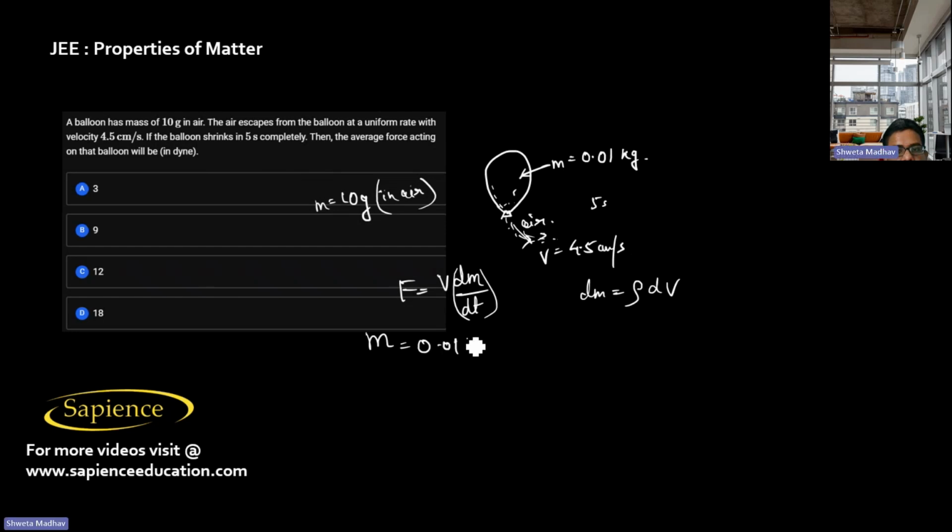Mass is 0.01 kg, and then the force will be equal to the average force acting on that balloon.